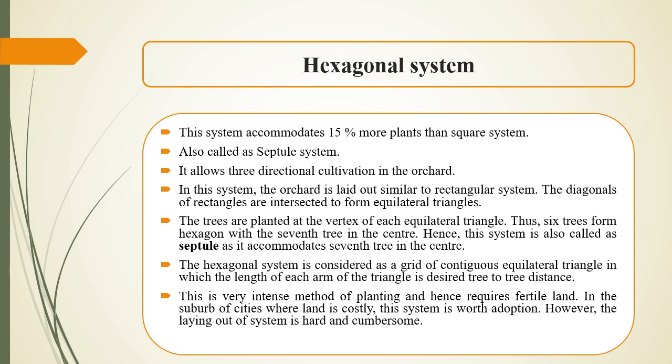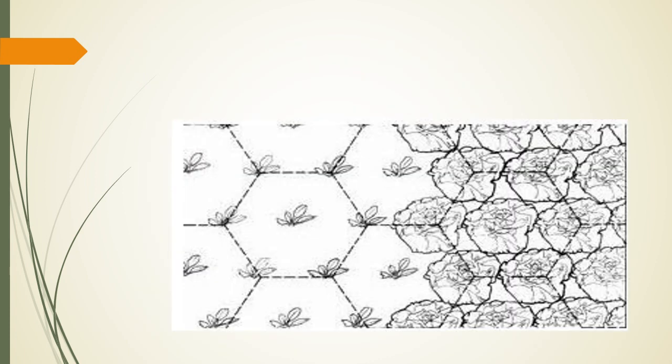The hexagonal system is considered as a grid of continuous equilateral triangles in which the length of each side is the desired tree distance. Here we can see in this picture, the 6 edges of the hexagon contain a plant, and in the middle it clearly accommodates another plant.